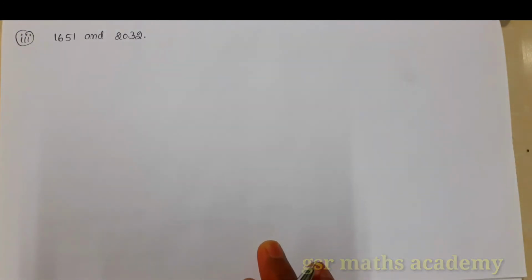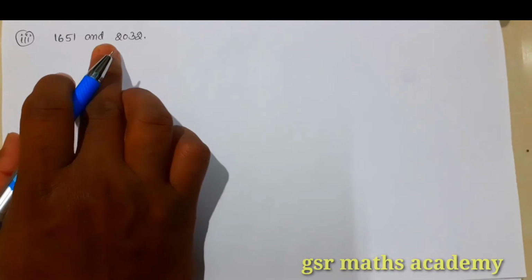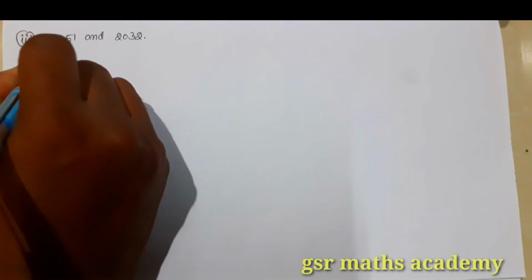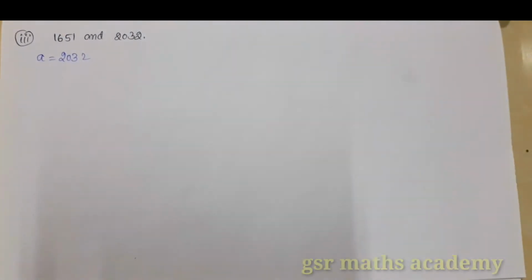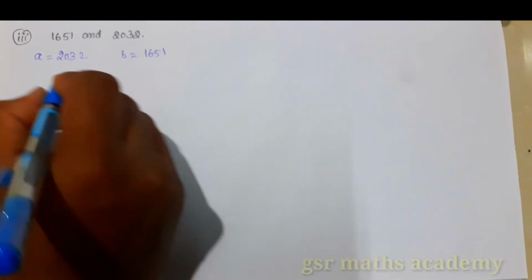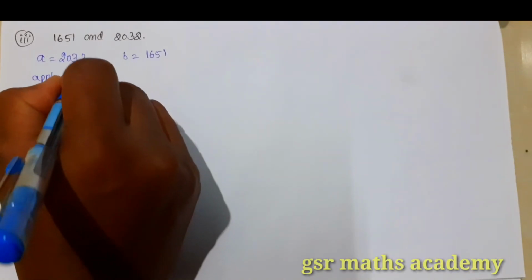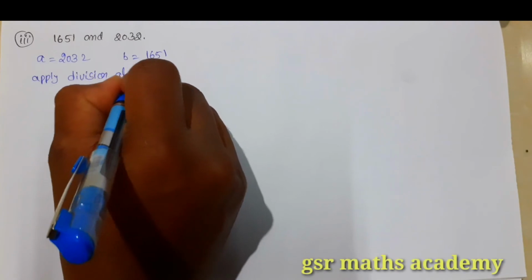Okay, let us see the third question. Third question we have 1651 and 2032. Here, what is the greater number? Consider the greater number 2032 as a and smaller number 1651 as b. Now apply division algorithm.